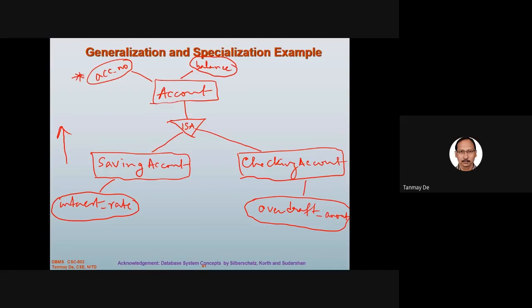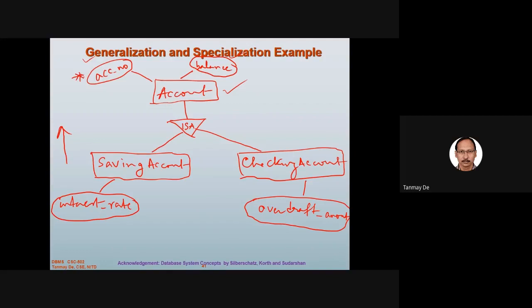They are not written here, but in the upper level entity set account. Savings accounts and checking accounts have some commonalities. What is the commonality? Both are actually accounts, with some common features. What are the common features? Account number and balance, though they are distinct. Why? Because savings accounts have another descriptive attribute, interest rate, whereas checking accounts have another descriptive attribute, overdraft amount. So this commonality is expressed by generalization.